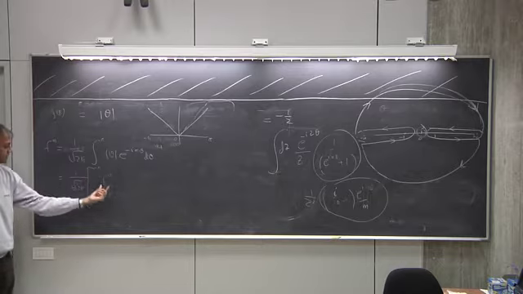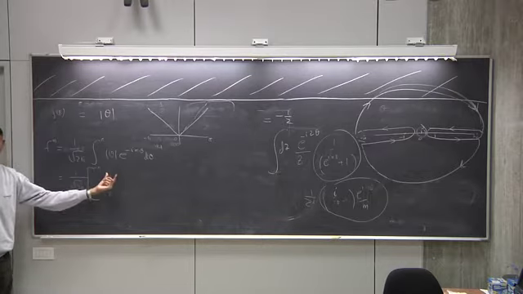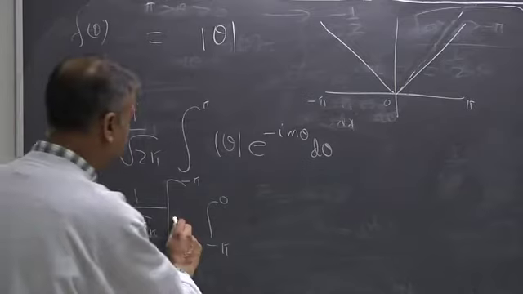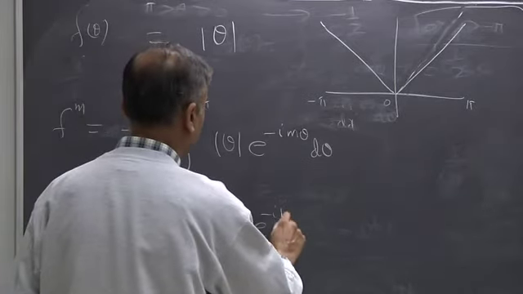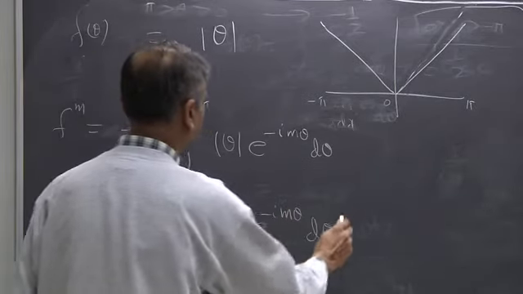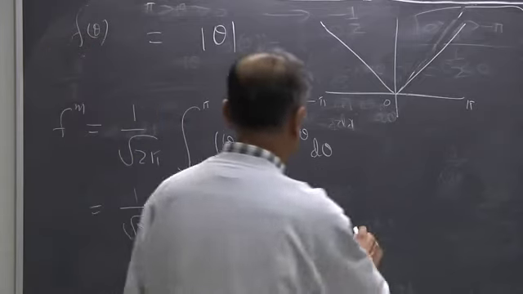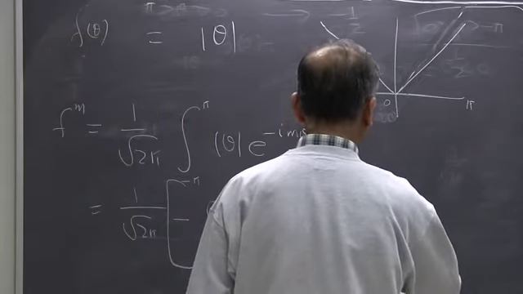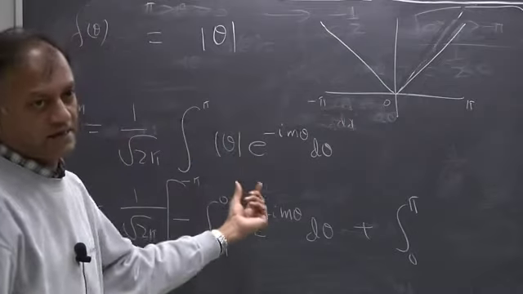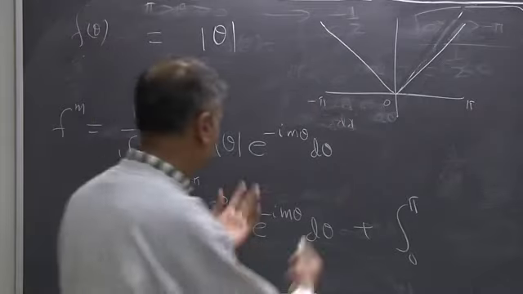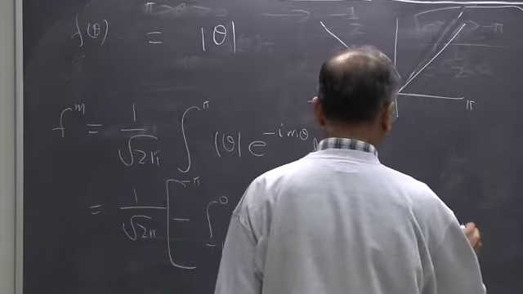Because in this range theta is negative, so absolute value of theta is minus theta. So it's minus theta e to the minus i m theta d theta, and then I have from 0 to pi, but in 0 to pi absolute value of theta is the same as theta, right? Because theta is positive, so it's theta.